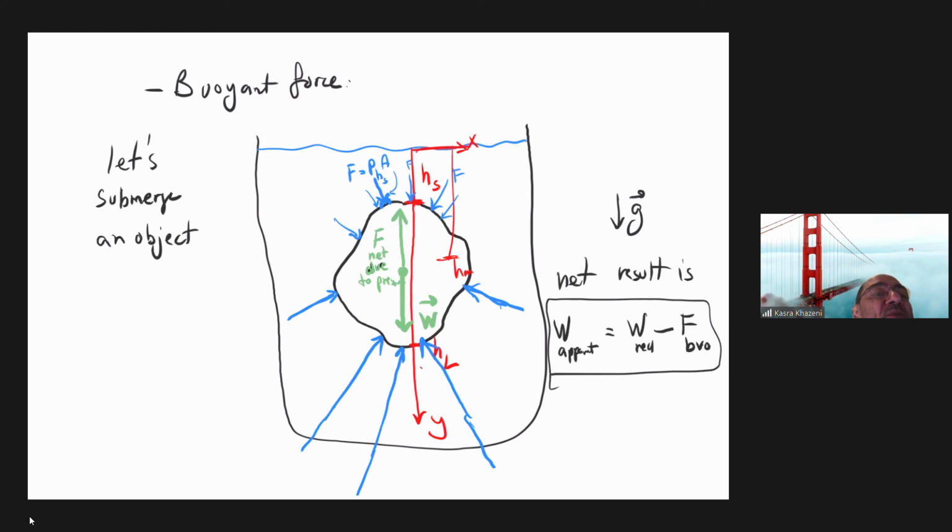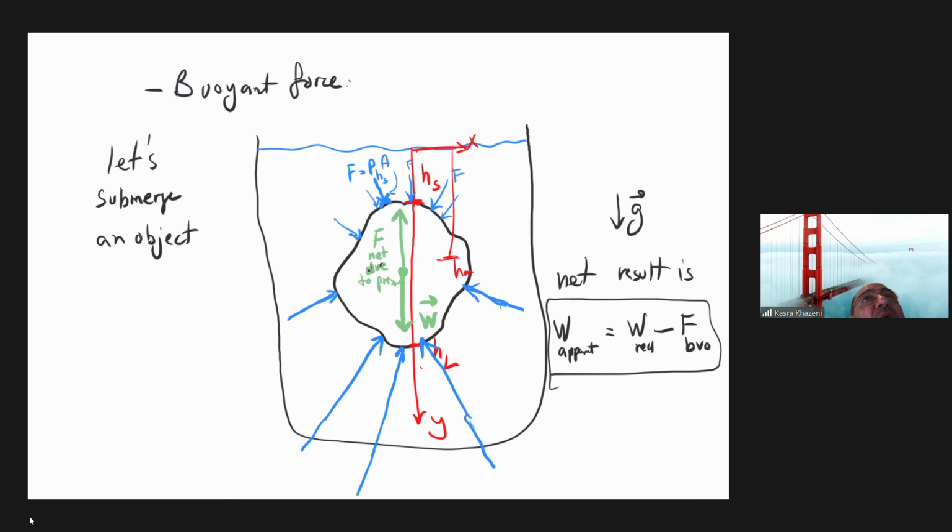So we can go ahead and calculate the apparent weight of an object submerged in an external fluid. We are all in an external fluid. This is the atmosphere of air that's around us, and our weights, when we weigh ourselves, really are not the actual weights with nothing else on.